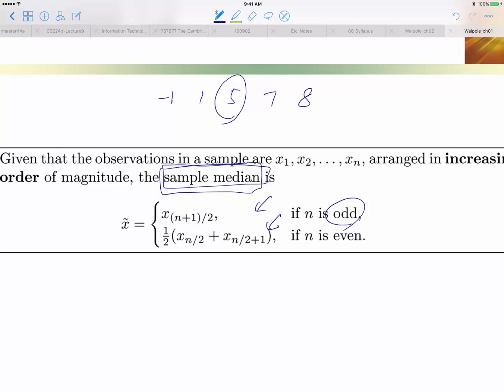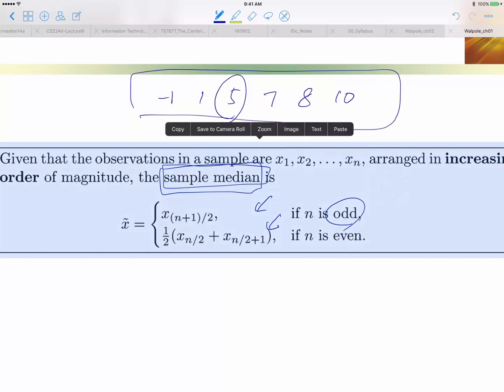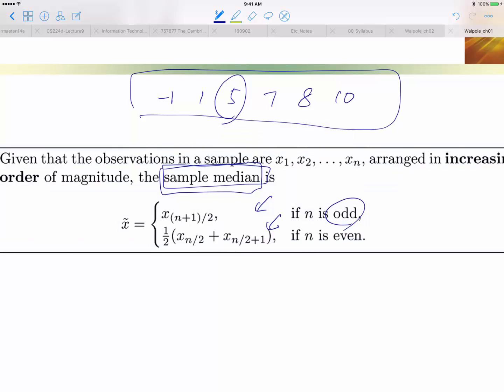But what if we have another data set like this? In this case, there is no clear median. So we just agreed that the median in this case is the average of the two values in the middle. That is the mathematical representation of this.